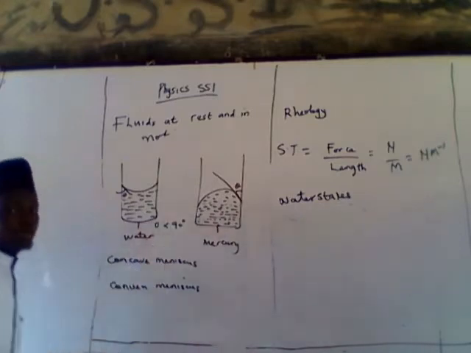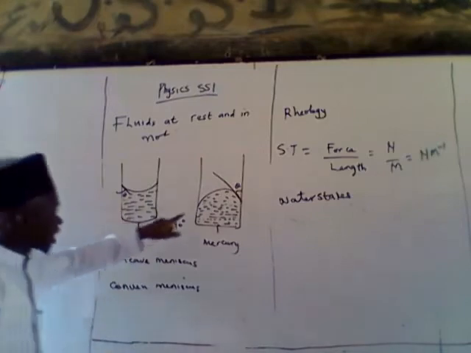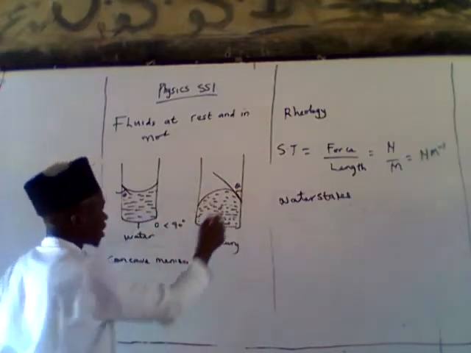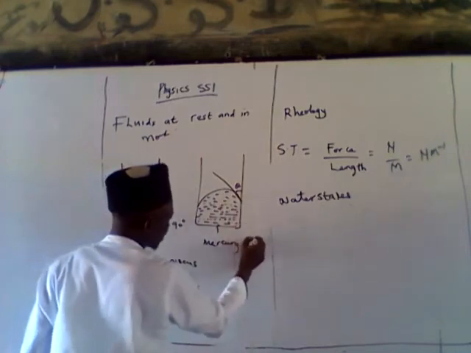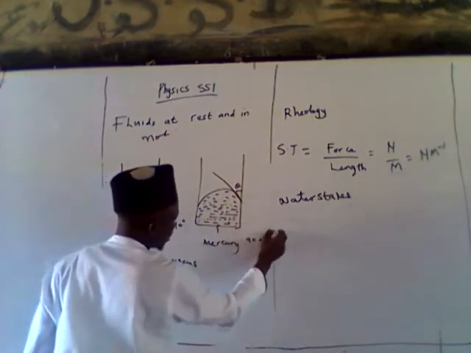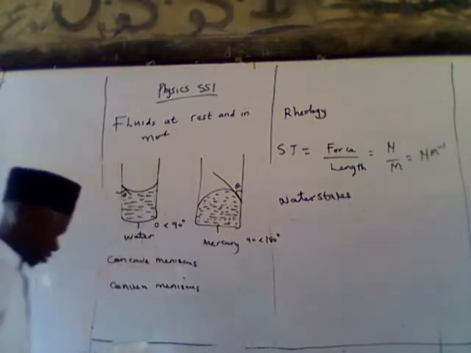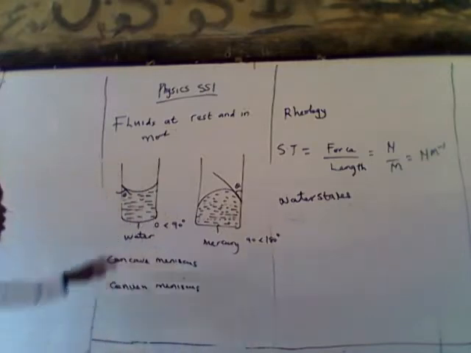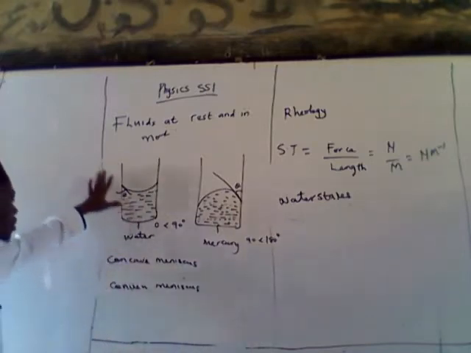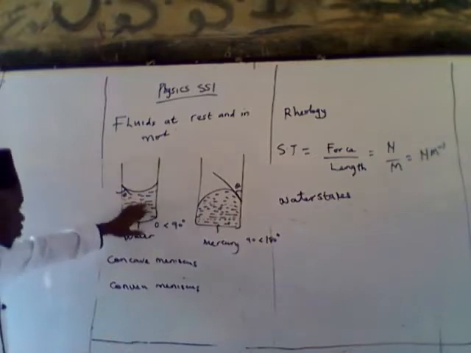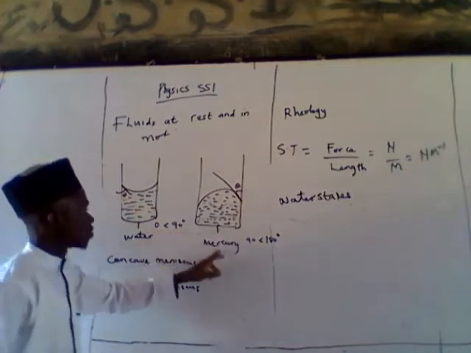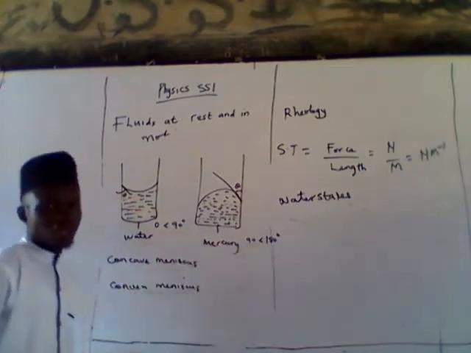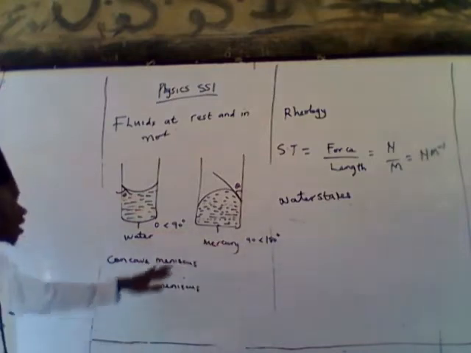That is, an acute angle is formed. But for the mercury, you can see that this is an obtuse angle, so it will be between 90 and 180 degrees. So the angle of contact in the meniscus of water is between 0 and 90 degrees, while that of mercury is between 90 and 180. Please take note of this.